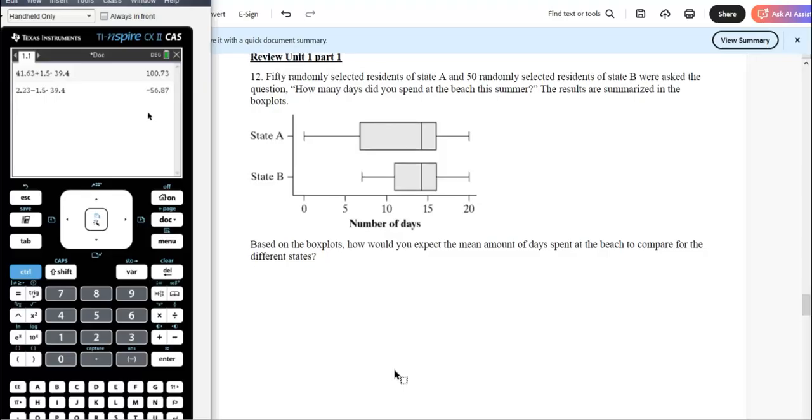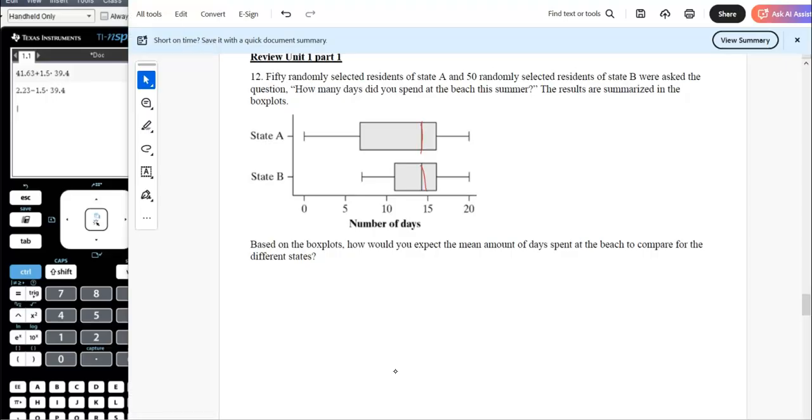Well, I tell you this, their median is the same. And I would mention that. Medians are the same. They're about 14. Medians for both equal about 14 number of days. Use the context somewhere. Okay, so they're both skewed maybe a little bit, but A is way more skewed.